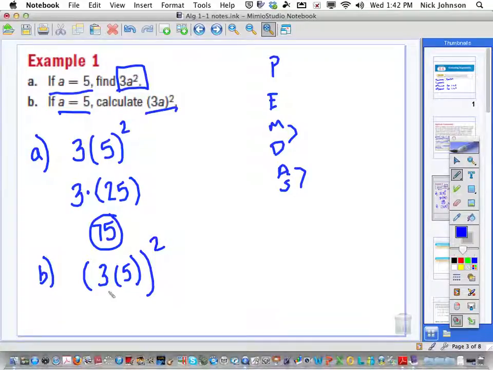So we have to do what's in parentheses first. What's in parentheses? Well, 3 times 5. What is 3 times 5? 3 times 5 is 15. Then they want us to square 15. 15 squared is 225.